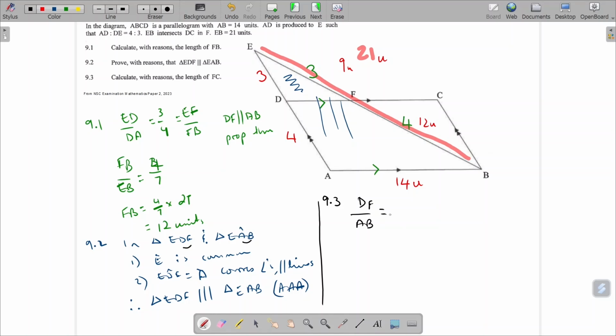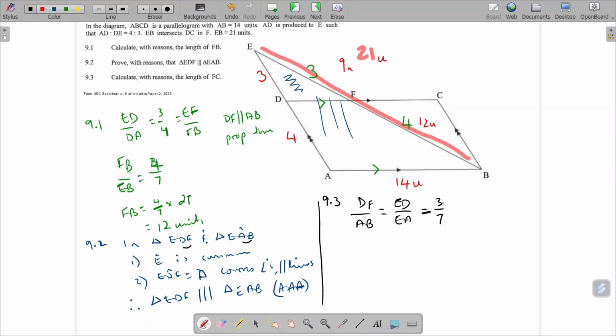If we now looked at the left-hand side, we will have ED and we'll have EA, which means that this is in the proportion 3:7.